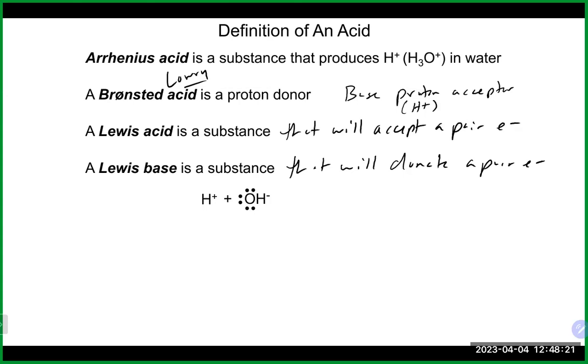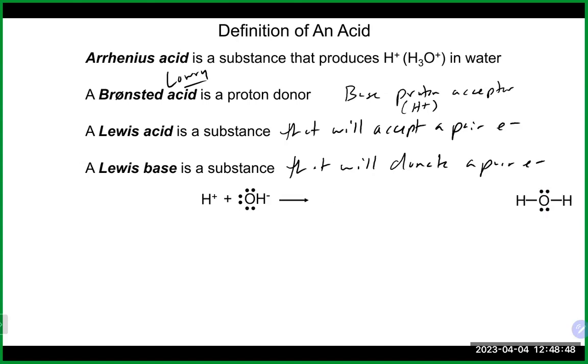Lewis acids are typically things that are electron deficient, so things with a positive charge, right? That means it's lost some electrons. That's like our aluminum in the previous example where we had all the waters attached to it with the +3 charge. +3 means it's pretty deficient in electrons, so it would be the Lewis acid, and the Lewis base would actually be the water in all those cases.